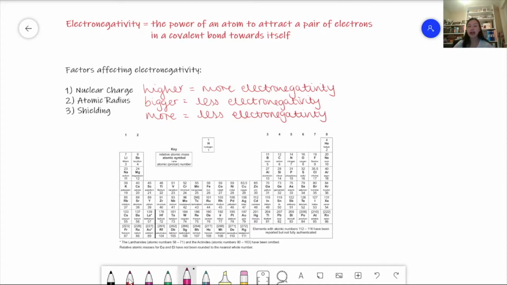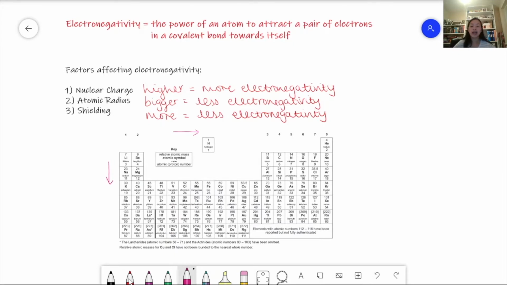So when we look at the periodic table, we know that nuclear charge increases along the period, and atomic radius increases down a group, and shielding also increases down a group.